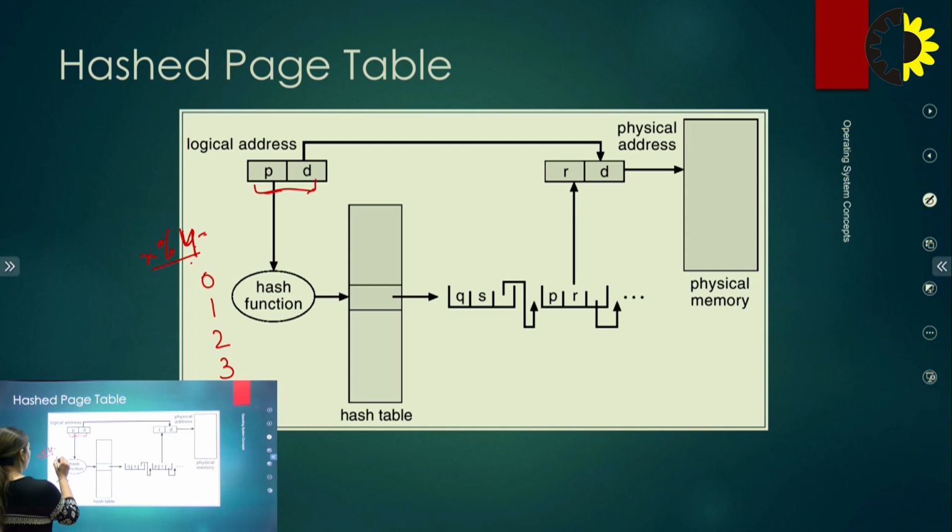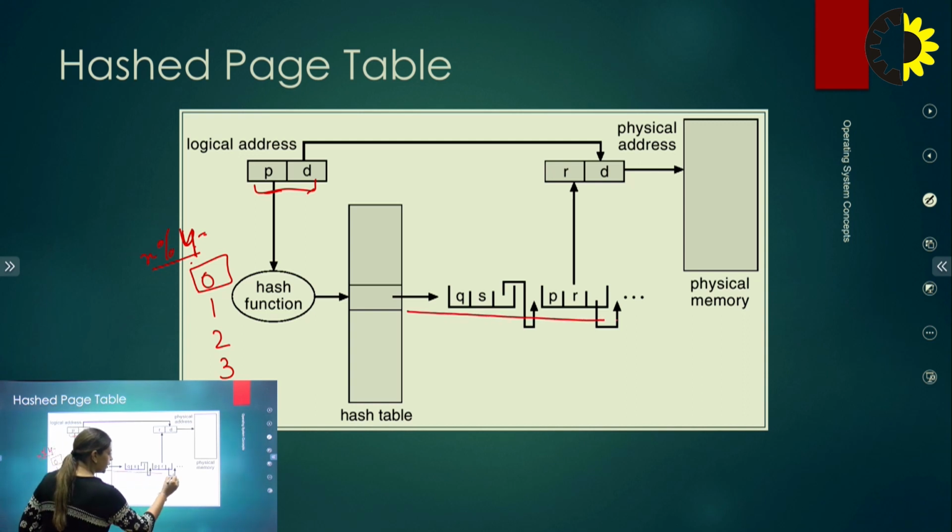Now, many of the pages will give the modulo answer 0. All those particular pages will be lined up in the same location, right? And there will be a pointer which will tell what the next data is. Suppose we are searching for R, we will hash to that location first. We have found that this is the location where R is stored.